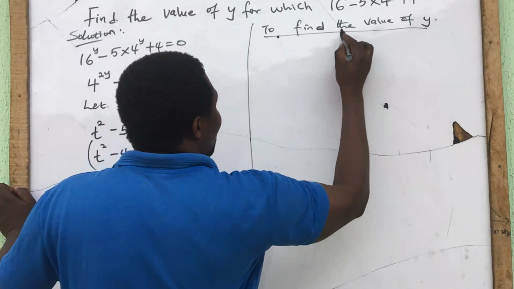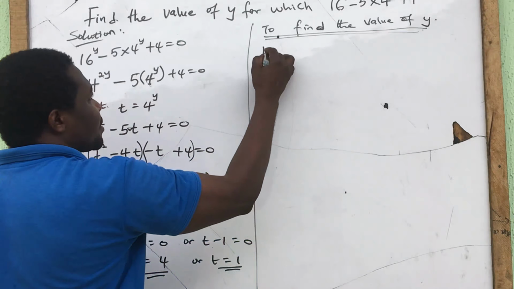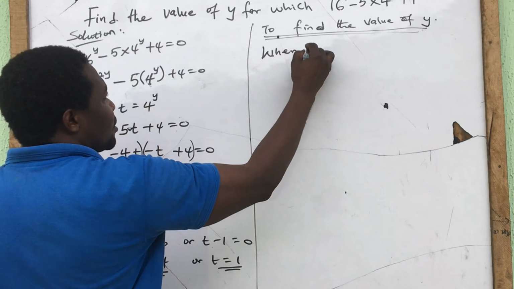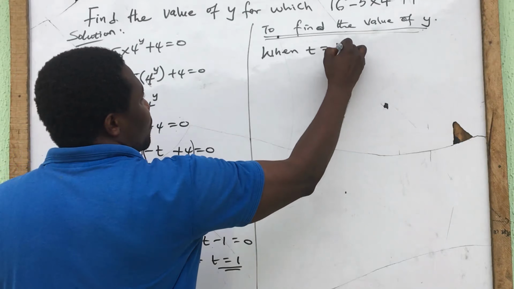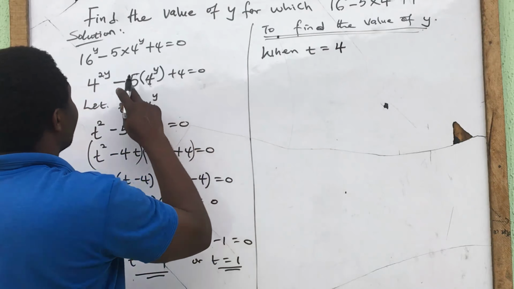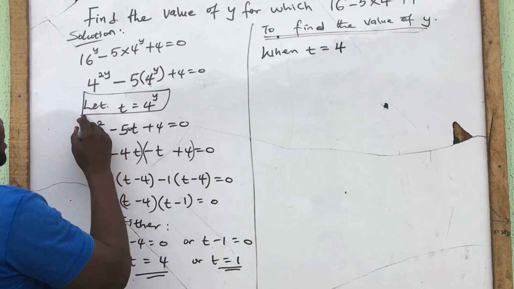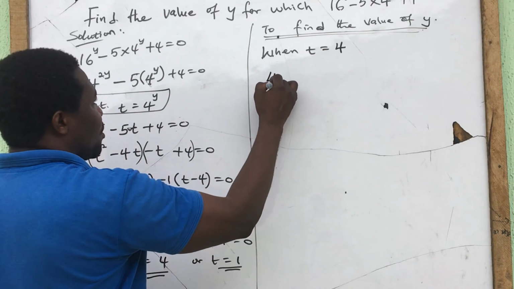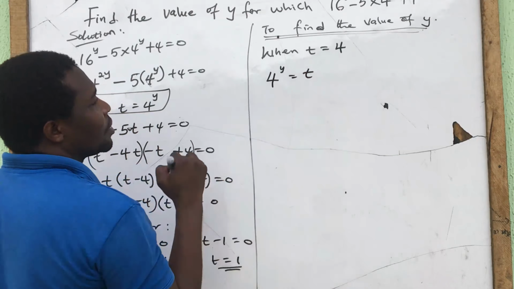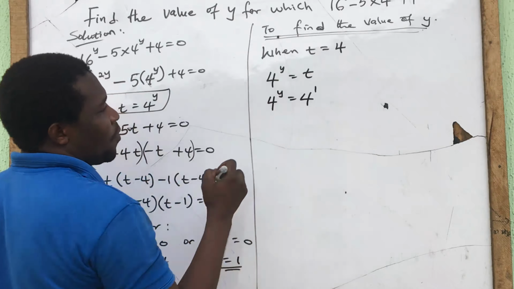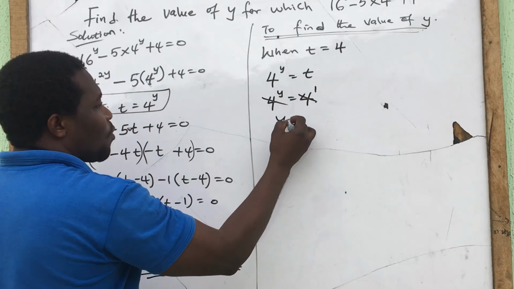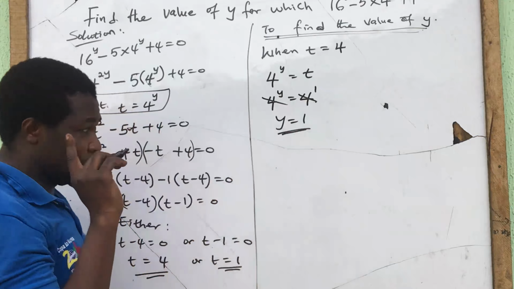When t equals 4, recall that 4 raised to power y equals t, meaning 4 raised to power y equals 4 raised to power 1. Then y equals 1. That's the first one.